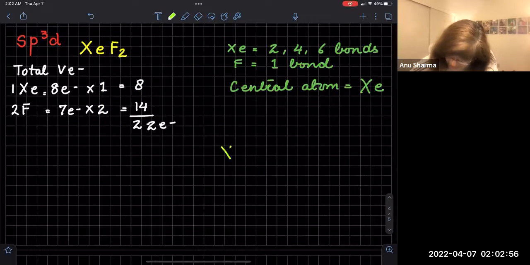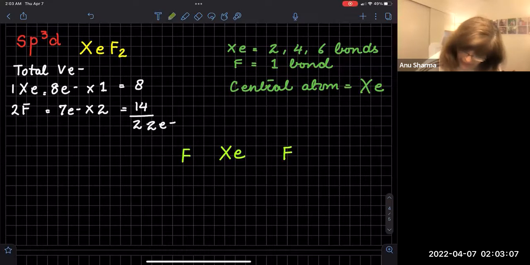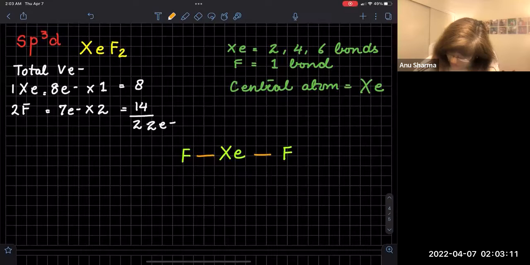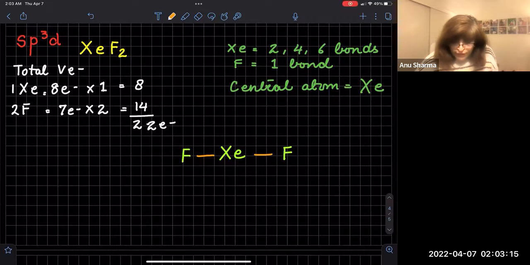Now let's do the Lewis structure. Xenon is in the middle, and the 2 fluorines are on the sides, one here and another here. You connect them with single bonds, and 4 electrons have been used. So we are left with 18 electrons. Where are you going to put the remaining 18?